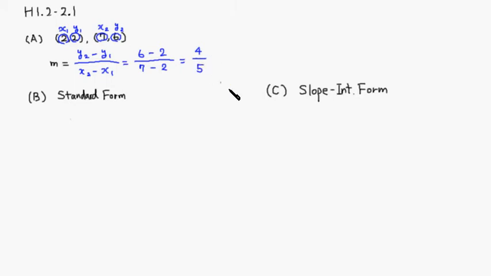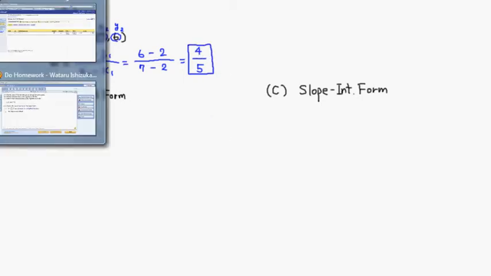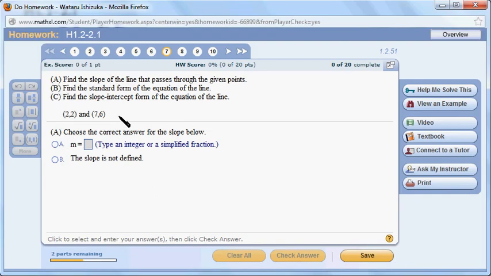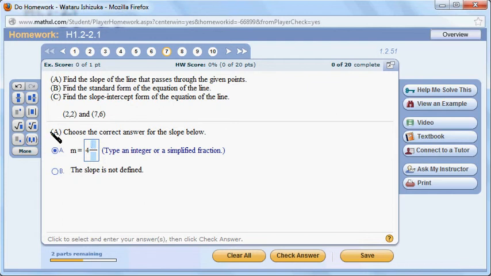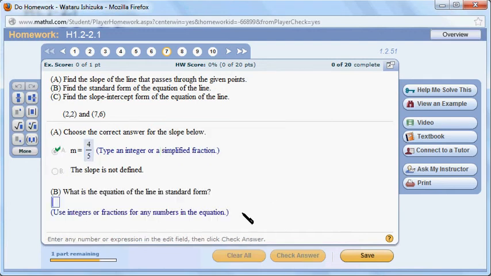So we found the slope to be 4/5. Let's go back and type it in. That's 4 here and 5 here, then check my answer. I got it correct.